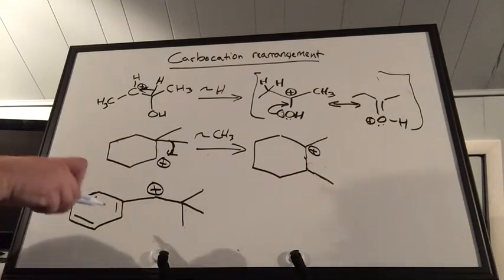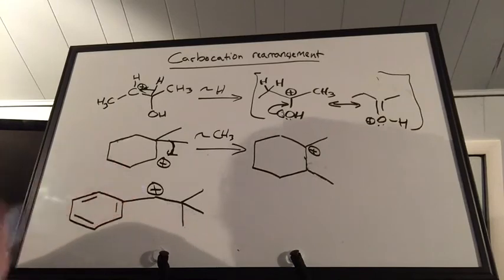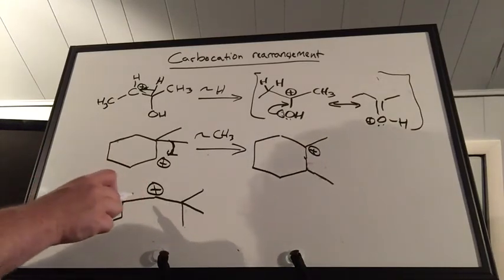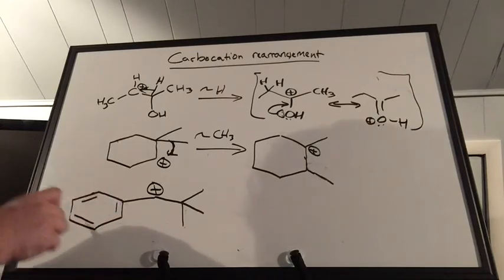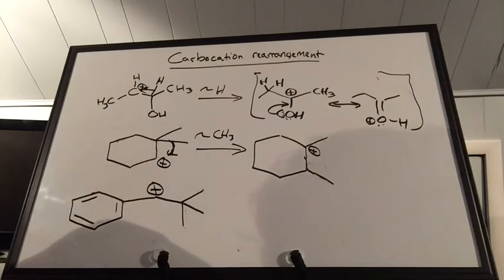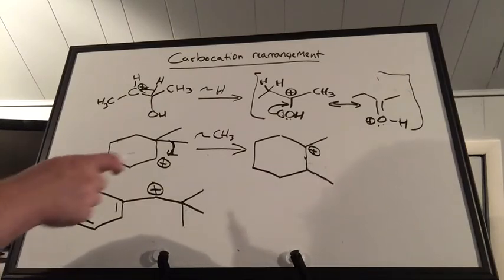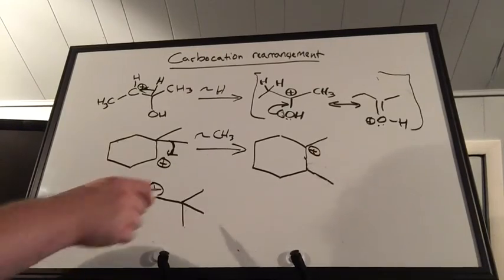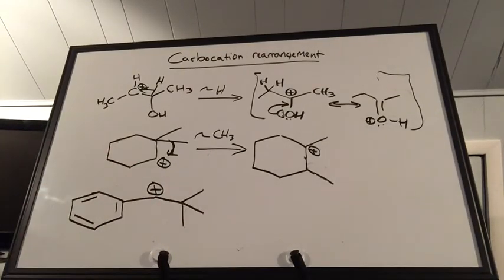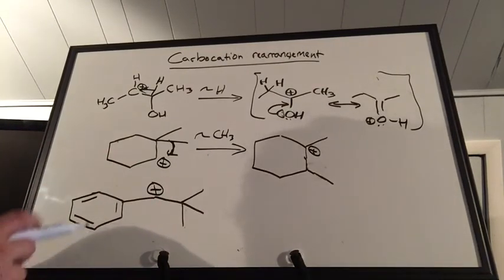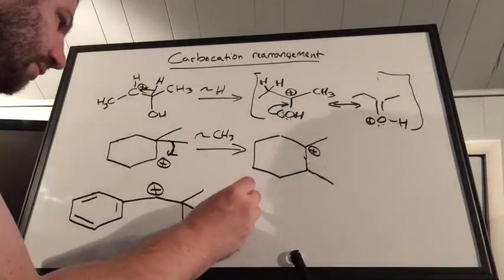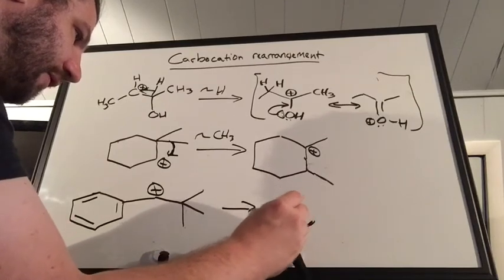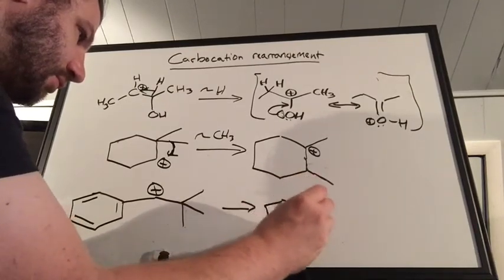Okay, last one here, which is kind of a giveaway. This is a secondary carbocation, but it is resonance stabilized by this phenyl group. So I'm sure you might have looked at this and thought, oh, well, I bet this methyl group is just going to shift over and you could have a tertiary carbocation here. Well, that could be the case, you can see a little bit of this transfer occur.